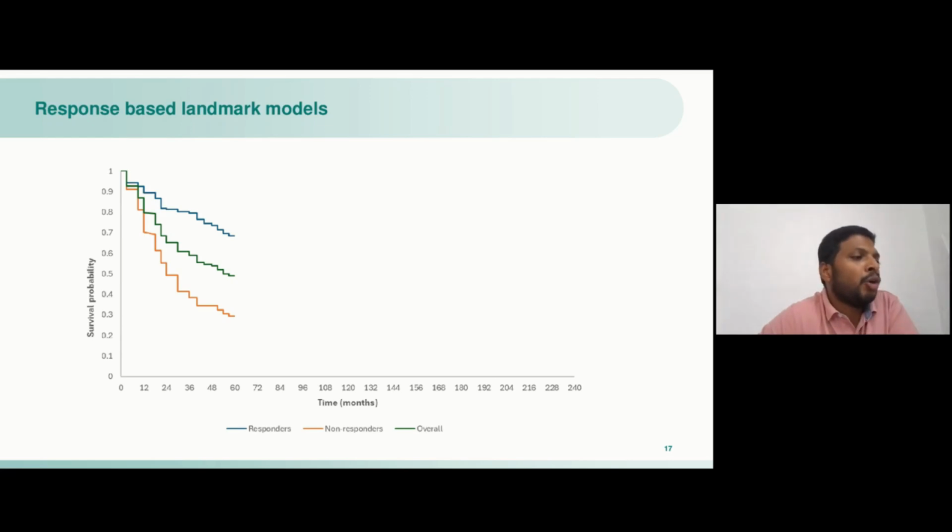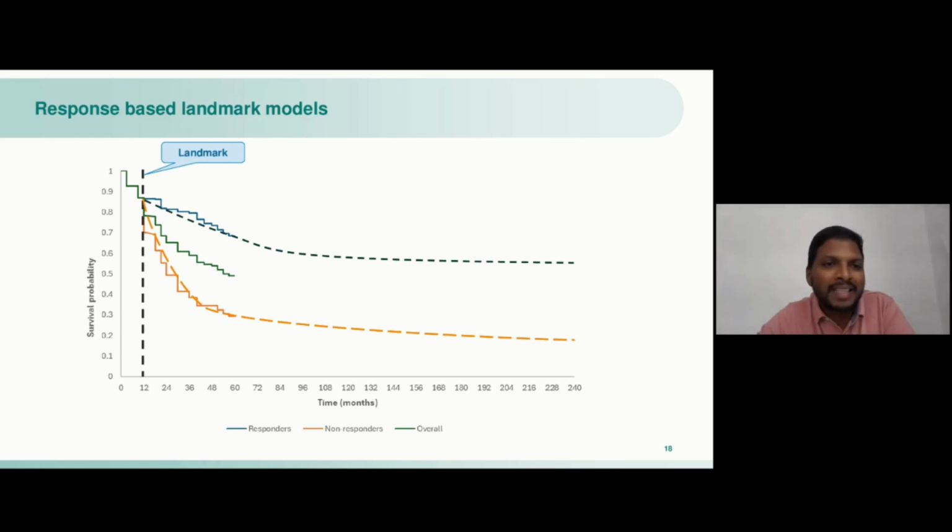At the same time, to avoid the underlying bias, fitting the separate models from the response assessment point is recommended, because as we know, the response assessment in trials is usually performed after a certain point of time from the initiation of the trial.